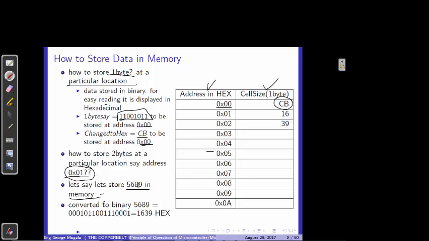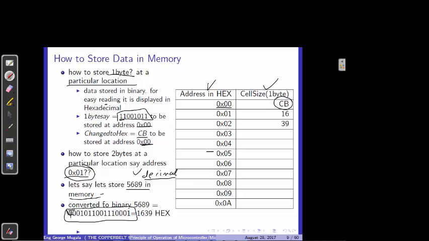This I've written in decimal. If we convert this number to binary, we'll see that it contains 16 bits of information, and these 16 bits are 2 bytes of data.